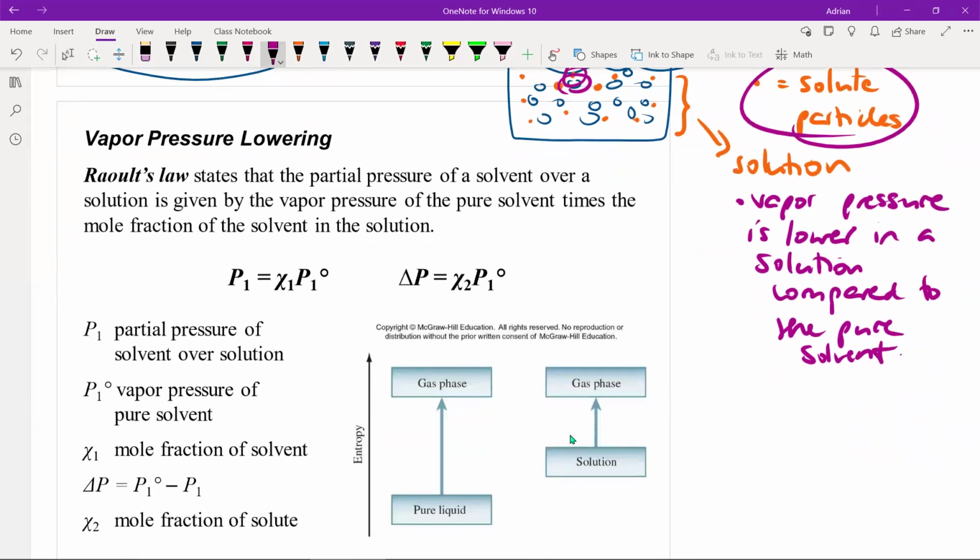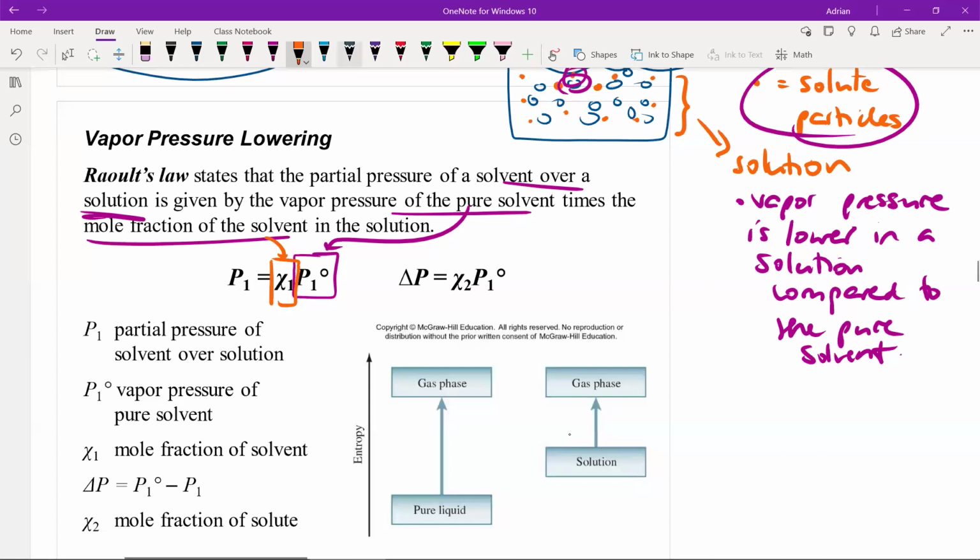the partial pressure of a solvent over a solution is simply given by the vapor pressure of the pure solvent, which is this thing here, P subscript 1 with the degree sign, times the mole fraction of the solvent. And we've seen this notation before in that solution.